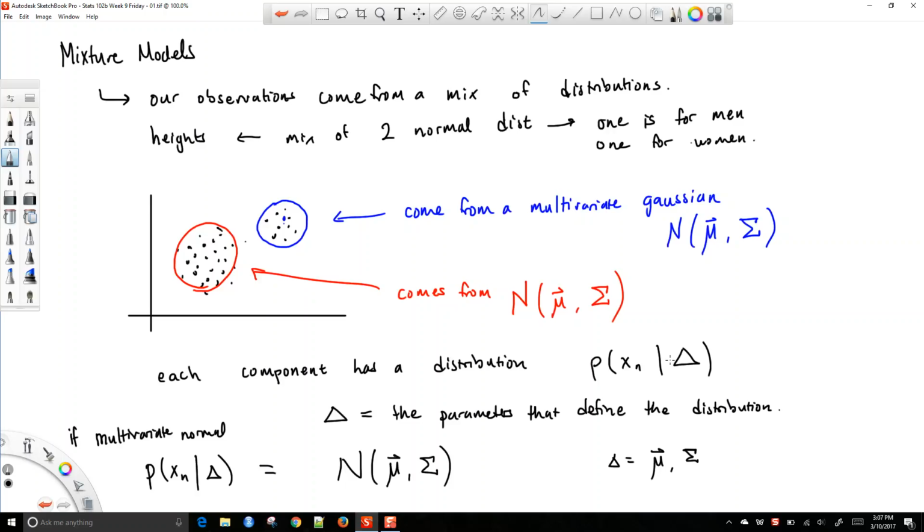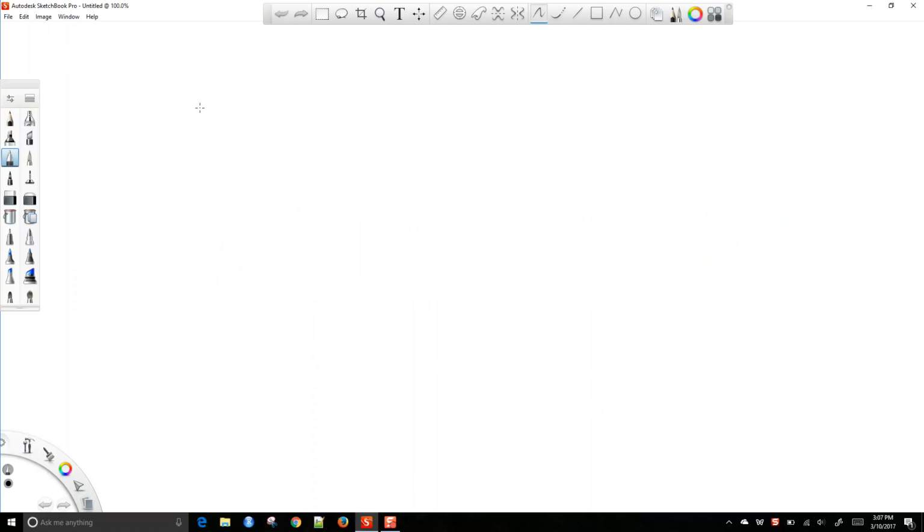Okay, and to make it a mixture, we have a bunch of these. So we'll say each component class K has its own distribution.